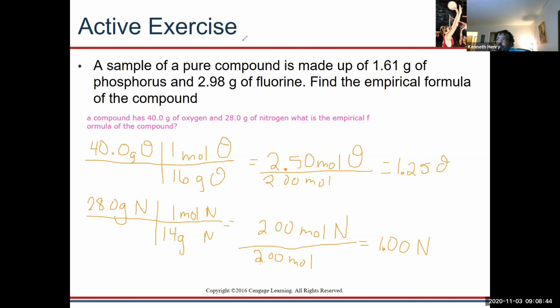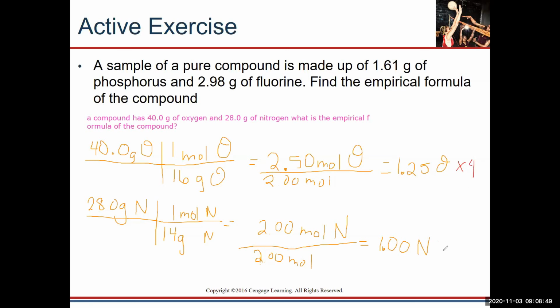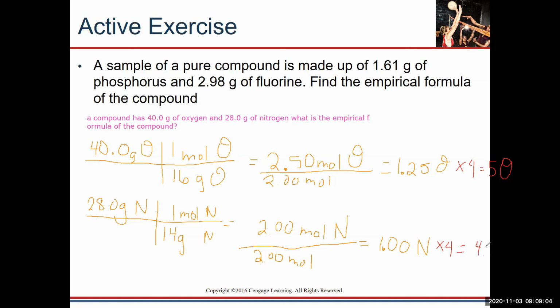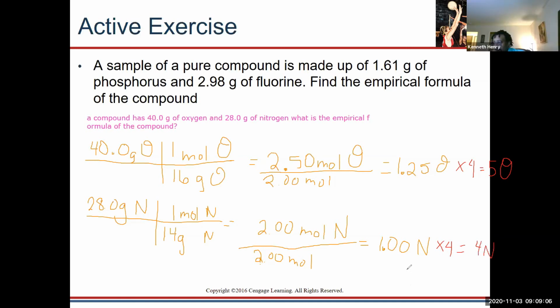The other one's also going to give you a 4. The top one's going to be 5 and the other one 4. So then we'll have 5 oxygens and 4 nitrogens. So then my empirical formula would be N4O5.